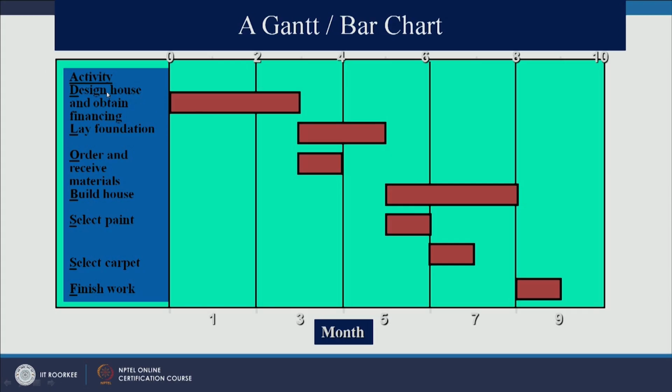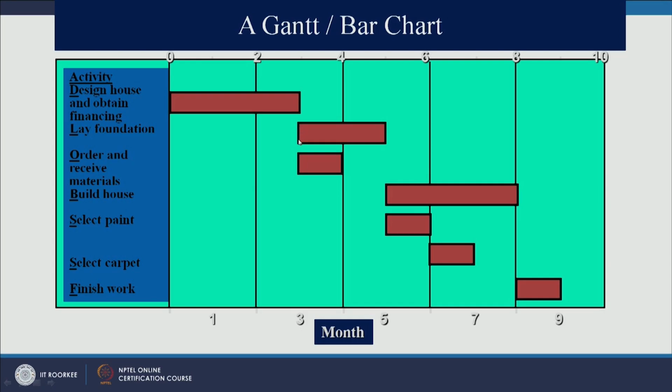So design house starting at 0 unit of time and it's completing at, let us say, 3 months, right. So after 3 months this activity would be completed, right. So once this activity is finished, you are starting the next activity, which is lay foundation, right.